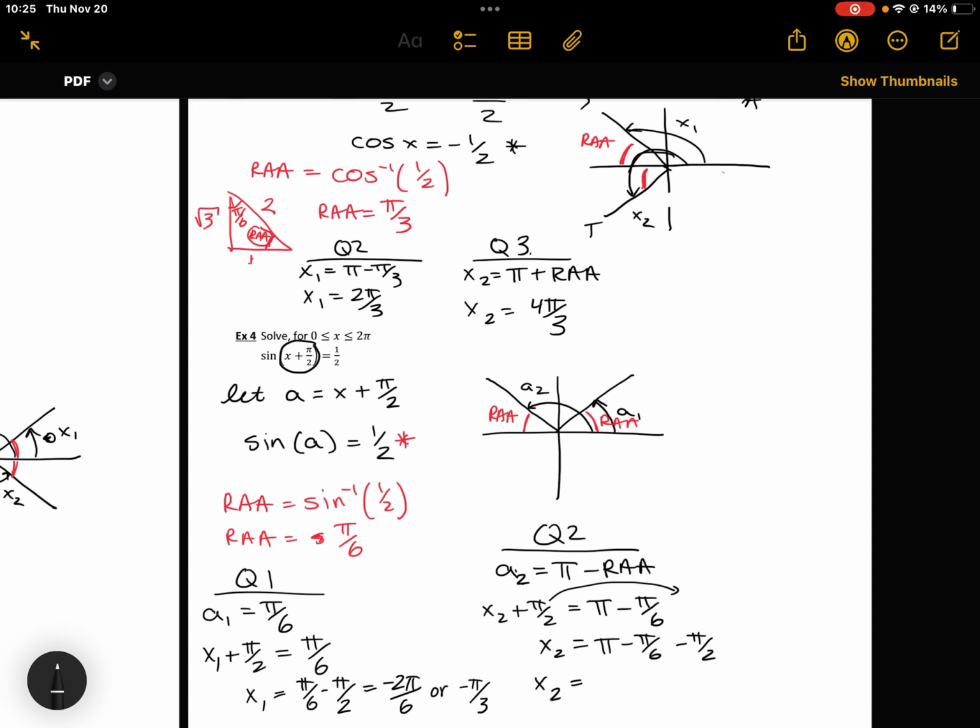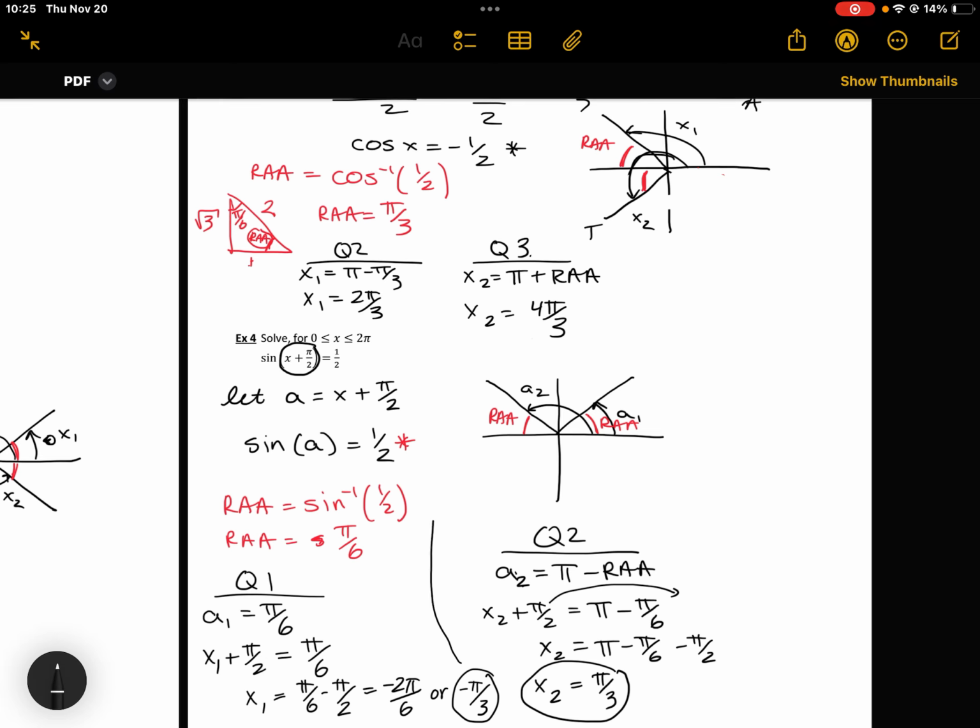Once I combine those values, I'm going to get a final value of pi over 3. So this tells me right now that I've got a solution of pi over 3, and I also have a solution of minus pi over 3.